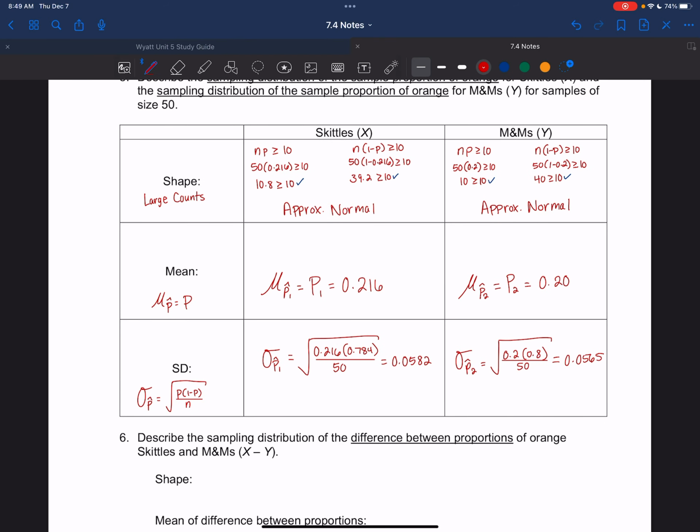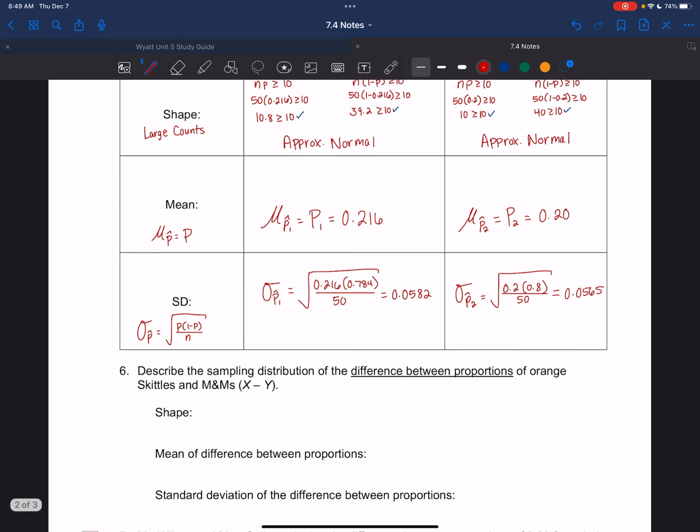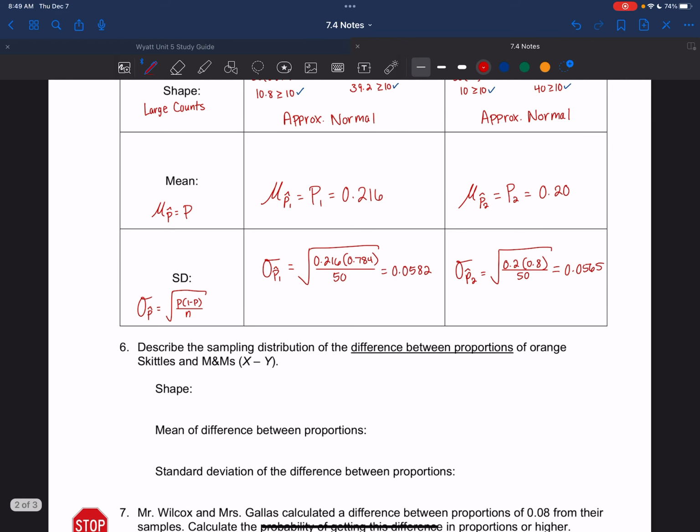Okay, so we've estimated the shape of both distributions and we found the mean and the standard deviation of each. And so what I want to do now, number 6 says, describe the sampling distribution of the difference between proportions of orange Skittles and M&Ms.